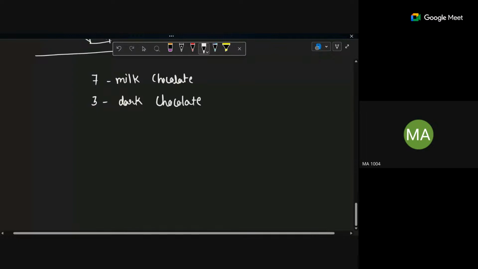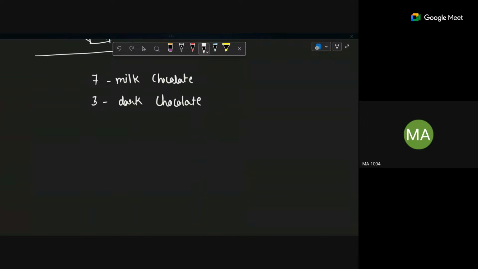Fine. So let's go by the easy way. It's not needed that you recall the particular distribution, but if you do, then it's good. So 7 milk chocolates and 3 dark chocolates, and what do we need?